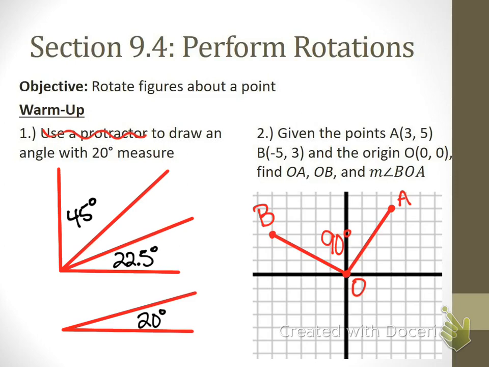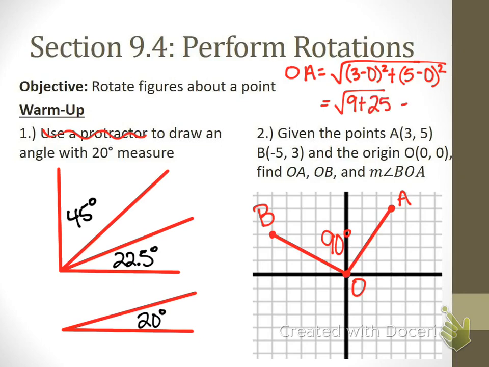Okay, we can use our distance formula. In this case, it's not so bad because O is at the origin. So if we are finding the distance between O and A, what's my first x value? 3 minus 0 squared plus my y value, 5 minus 0 squared. 3 minus 0 is 3, square it. 5 minus 0 squared.